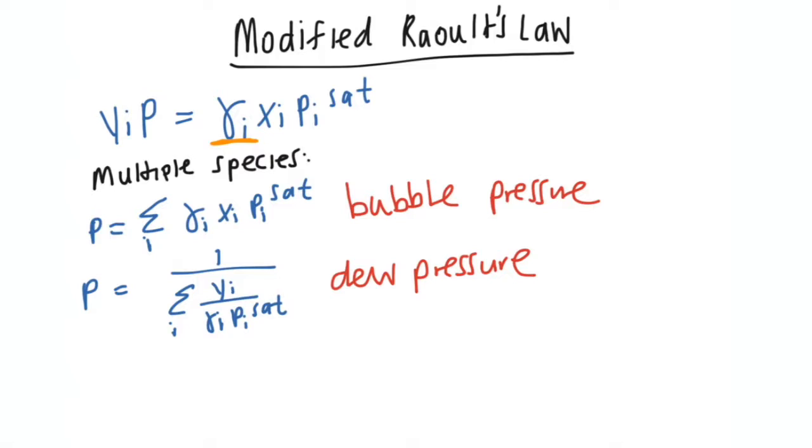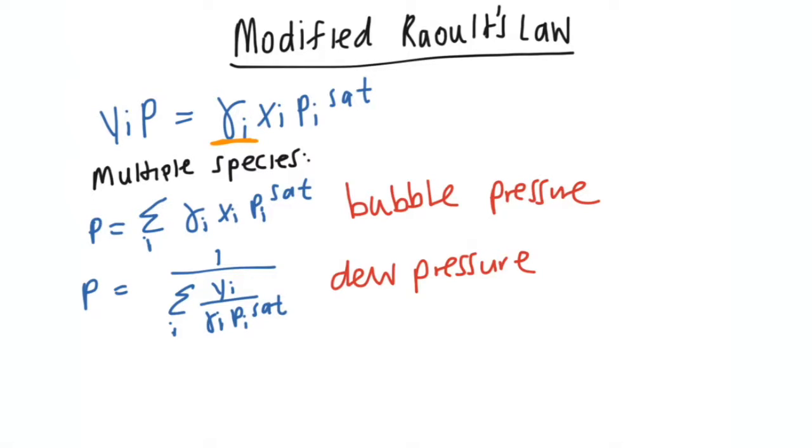And I know that bubble pressure is when I get the first drop of vapor. So my whole system is basically liquid. So I'm going to be looking for my liquid mole fraction. And same thing if they ask for the dew pressure, that's your first drop of liquid. So your whole system is basically vapor, and you can think of it as, oh, here's my vapor mole fraction. Yeah, just maybe some tricks to remember.